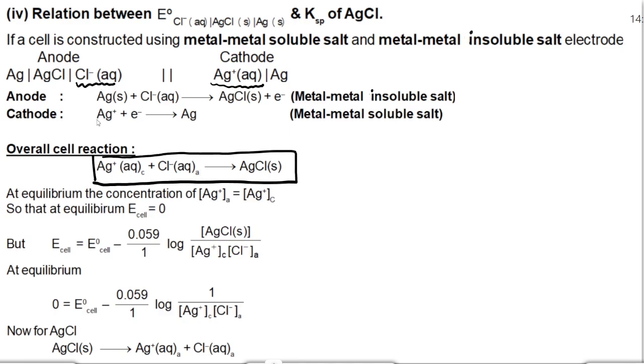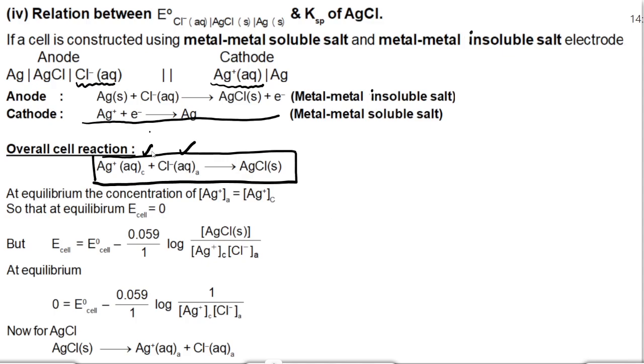When we sum up these two, we get Ag plus Cl negative to give AgCl solid. But keep in mind, Ag plus is at cathode and Cl negative ion at anode.